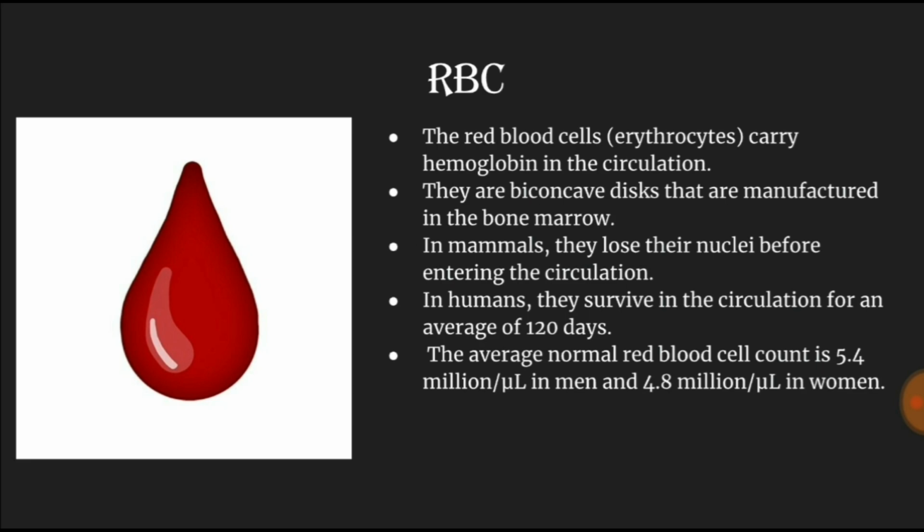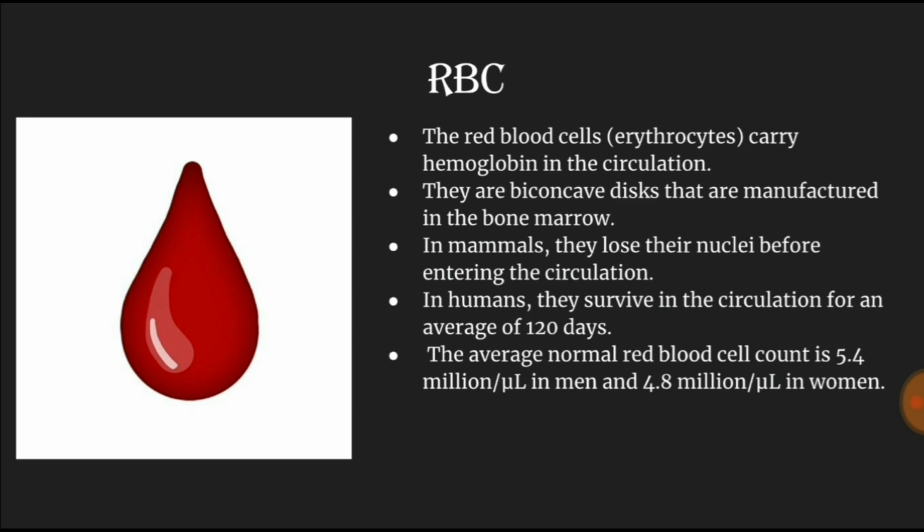So that is one physiological variation that mammals have compared to other organisms. Mammals don't have nuclei in RBCs, so there is no nucleus in the RBC, which you have to keep in mind.